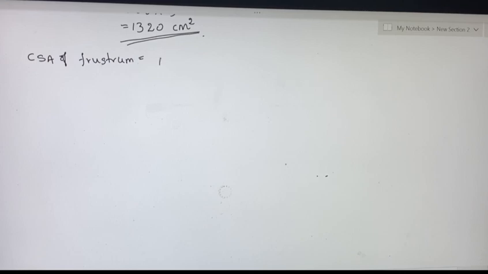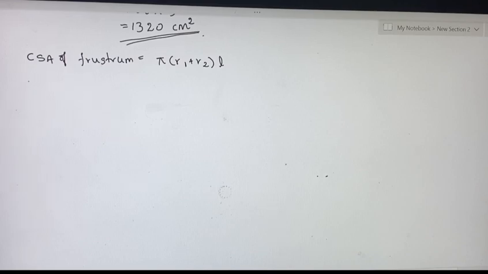It is pi into r1 plus r2 into L. Do we know the values of r1 and r2? Yes, r1 is 21 and r2 is 14, given in the figure. Do we know the value of L? No, we do not know the value of L. So without knowing L, we cannot find the CSA of frustum.